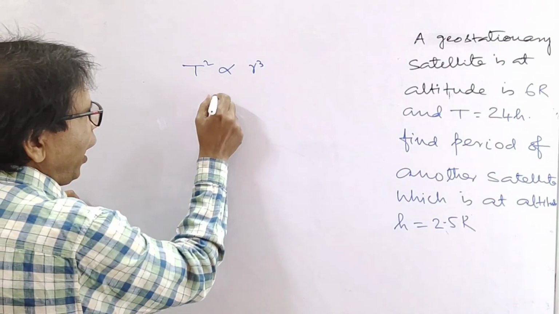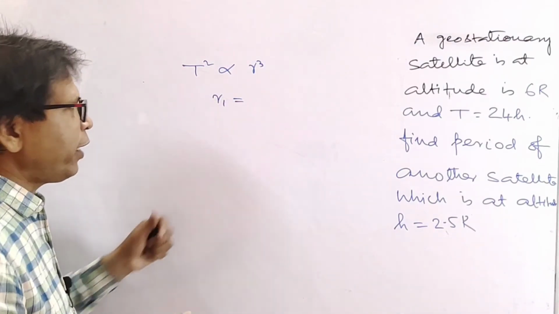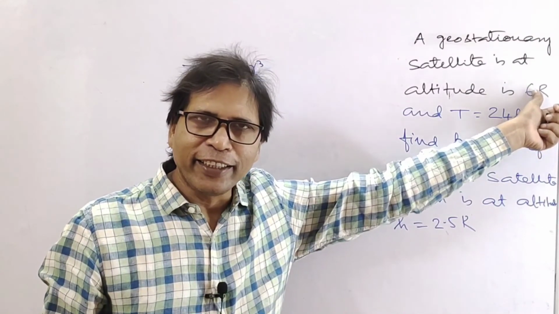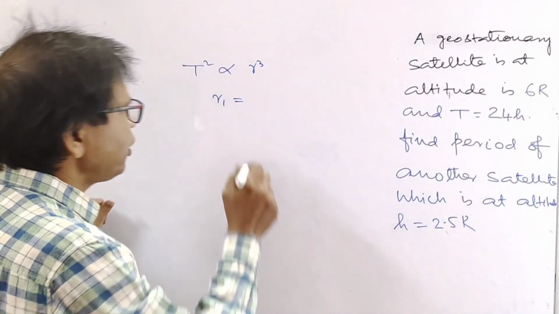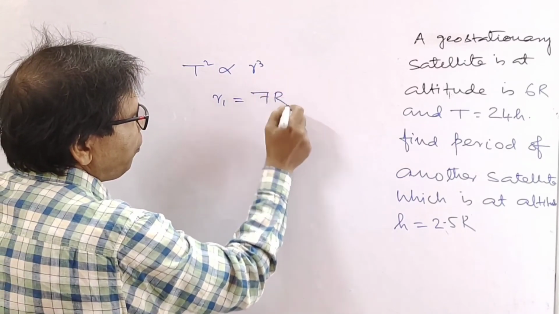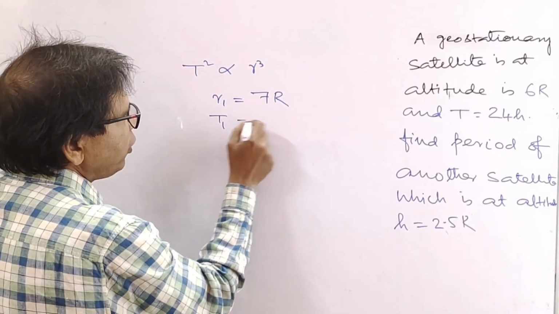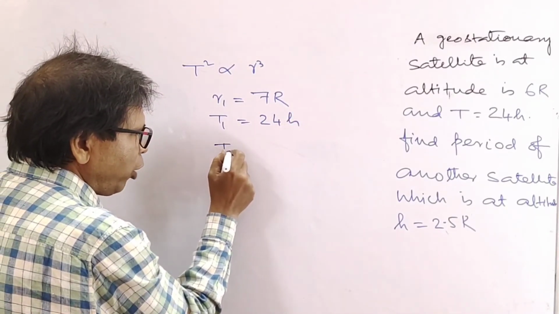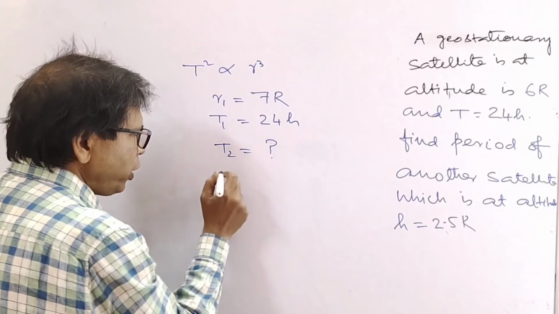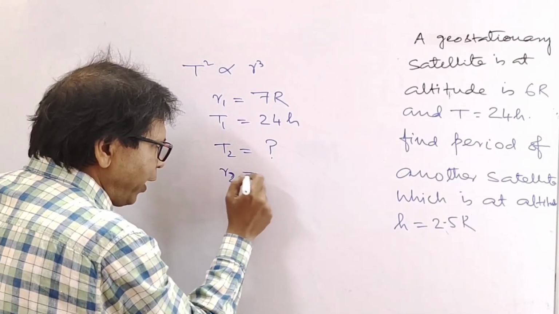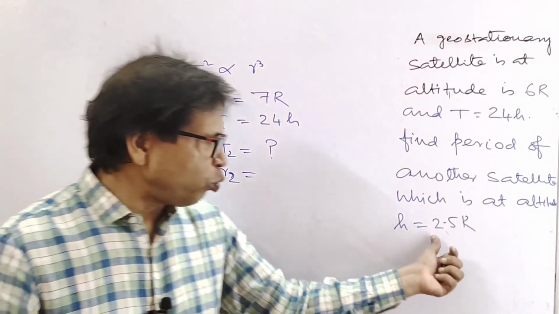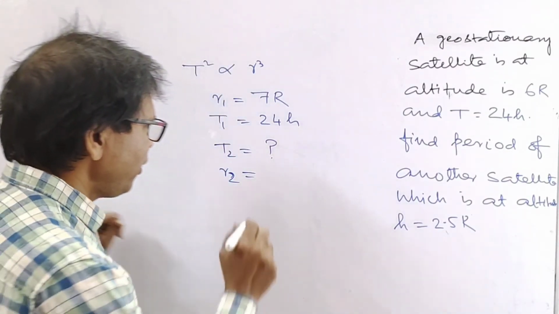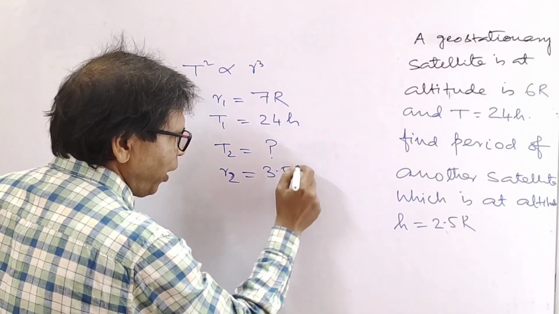R1, that is the orbital radius of the geostationary satellite, is 6R plus R, so this is 7R. And the period of revolution T1 is 24 hours. Now we have to calculate the period of another satellite which has orbital radius 2.5R plus R, that is 3.5R.